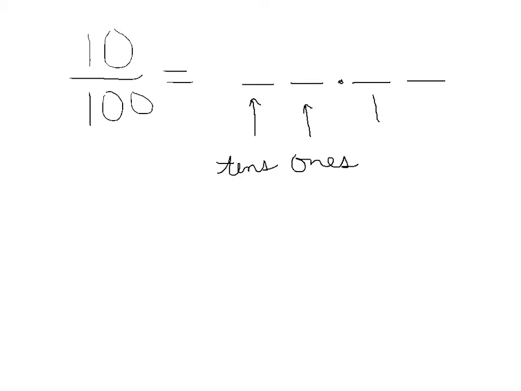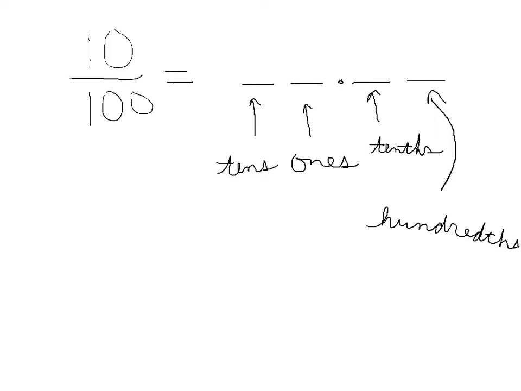Well, on the other side, there is no oneths place, but there is a tenths place. So that's the first place to the right of the decimal. The second place to the right of the decimal would be the hundredths. And don't forget that TH at the end, THS, hundredths.